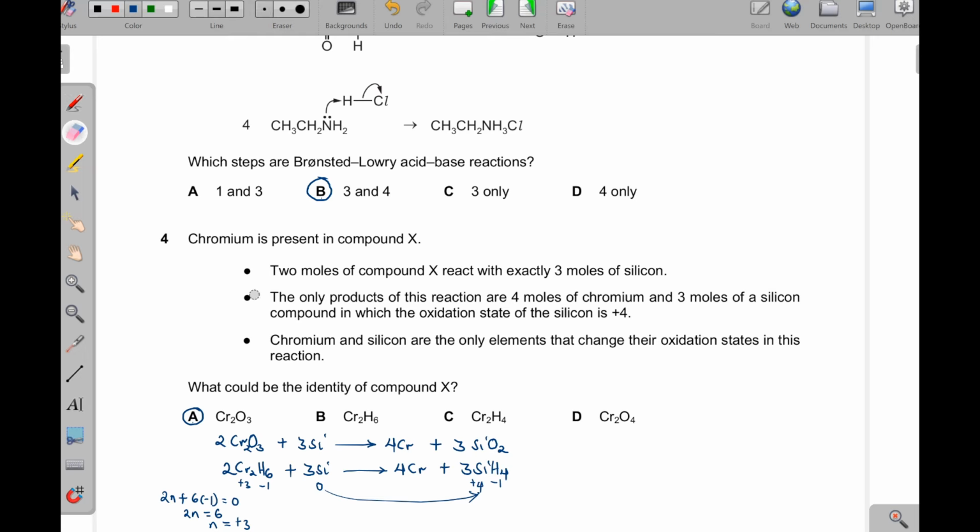So after having that +3, when you look at the right, what do we have there? This one is a 0. So this is reduction. Chromium has been reduced. And then this one here is oxidation. But again, removing hydrogen. What is oxidation? Oxidation is gaining of oxygen, not so?